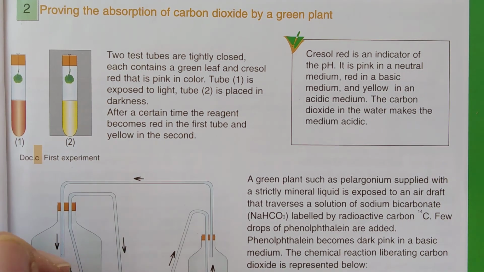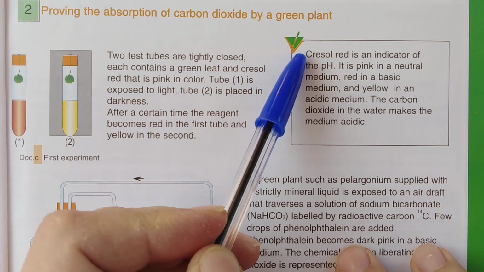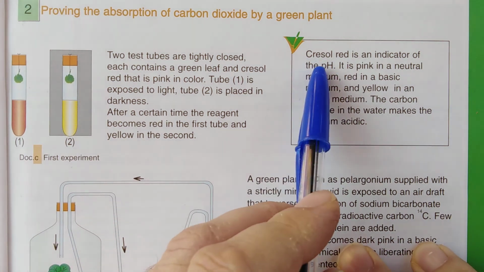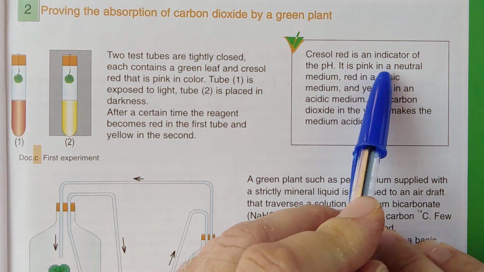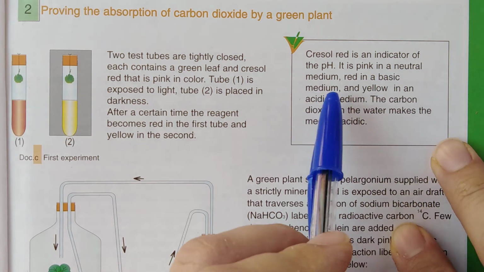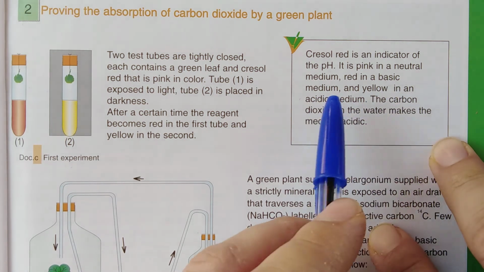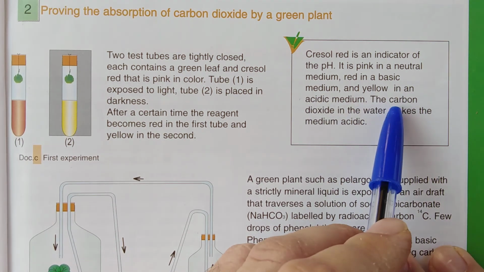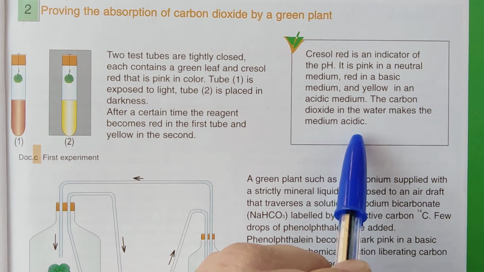To prove this idea, we used an indicator which is called cresol red. Cresol red is an indicator of the pH. It is pink in a neutral medium, red in a basic medium, and yellow in an acidic medium. The carbon dioxide in the water makes the medium acidic.